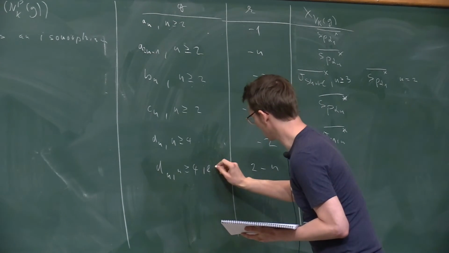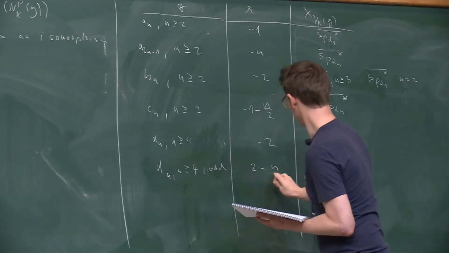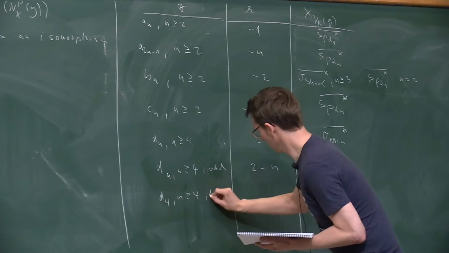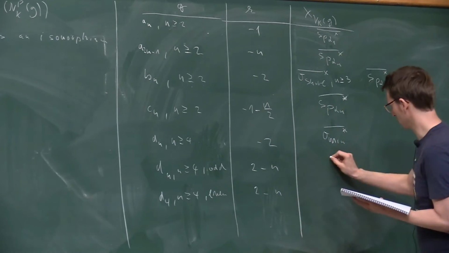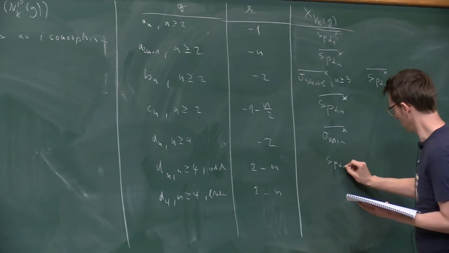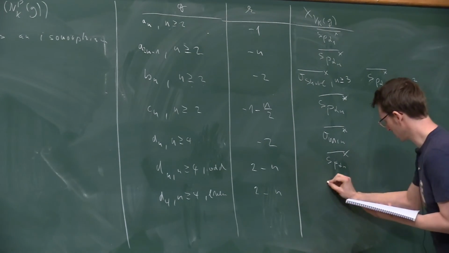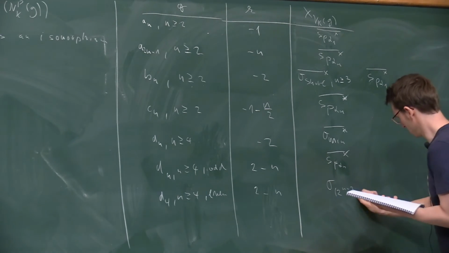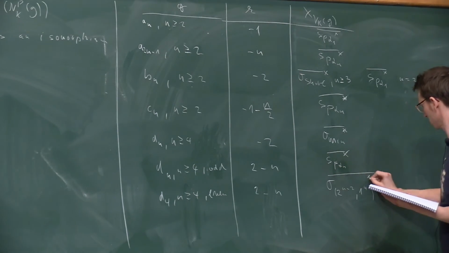Then you can consider Dn at level 2 minus n, and for the even case at the same level. So if it's odd, then you will get again some Dixmier sheet closure. If it's even, then you will get some nilpotent orbit. This nilpotent orbit is given by some partitions.